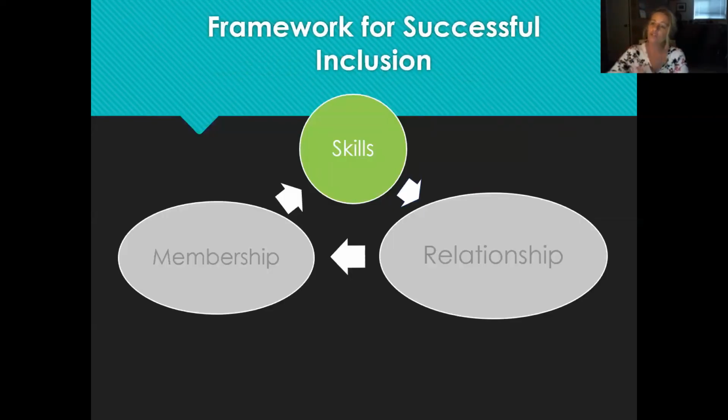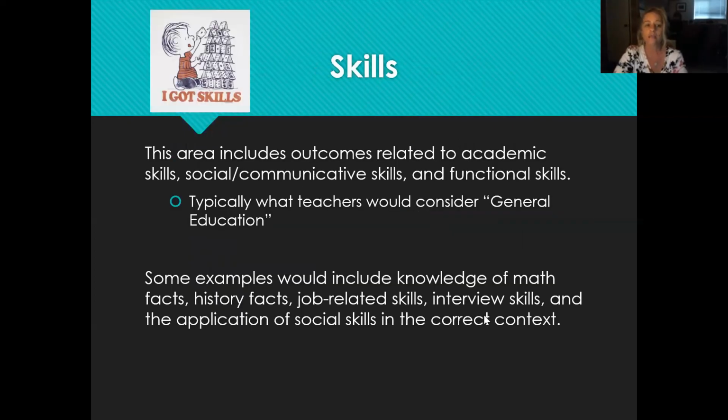If you look at these three sections together, I'll introduce my approach for how to use precision measurement, precision teaching within a successful inclusion environment. The first thing that most everybody can agree with is the skills. So this area within an inclusive framework includes the outcomes related to academic skills, social communicative skills, and functional skills.